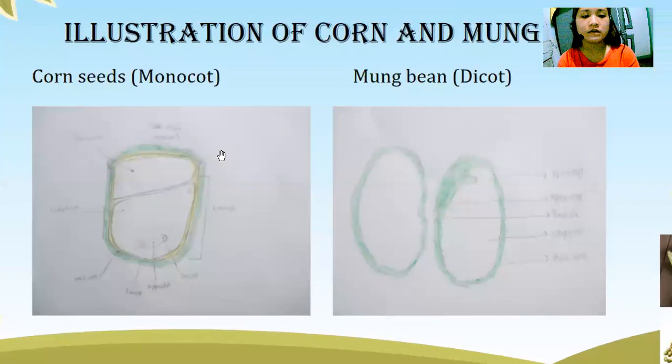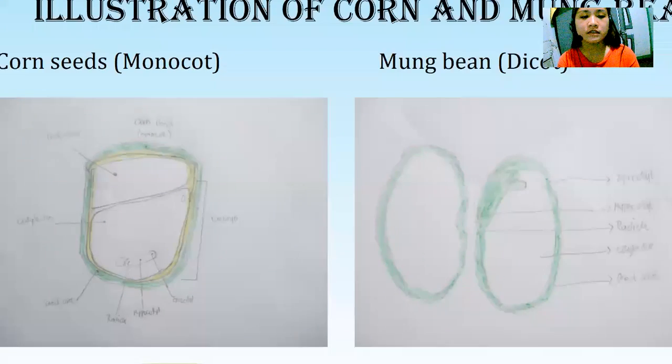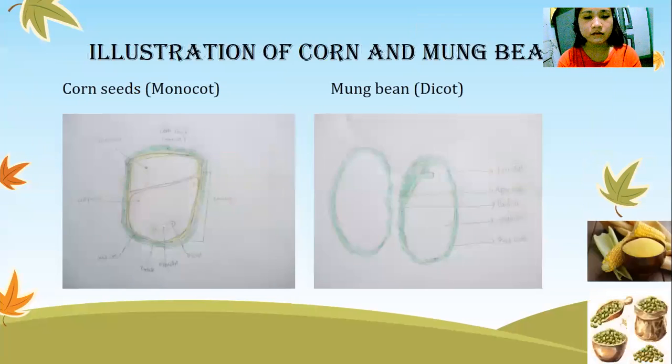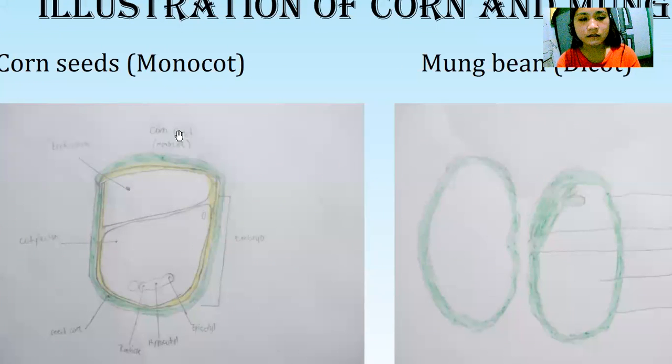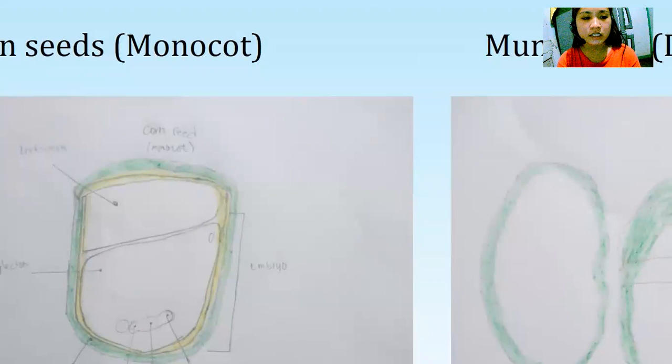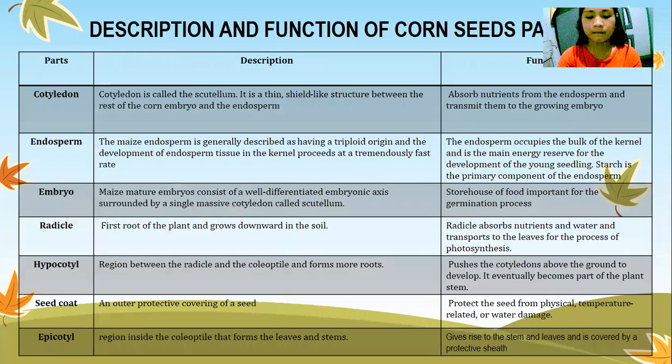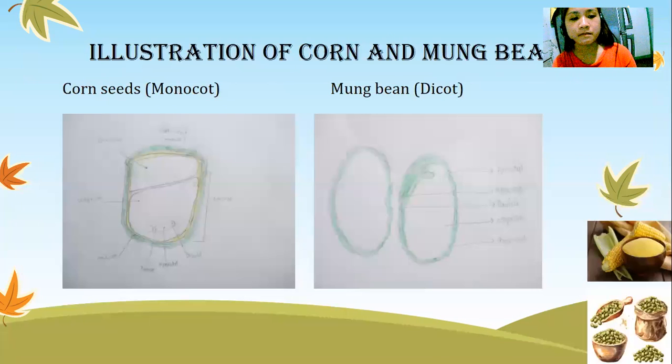I will zoom in so it becomes clearer, but unfortunately it is still not clear here. In the next page, the parts of the corn and the mung bean will be explained.